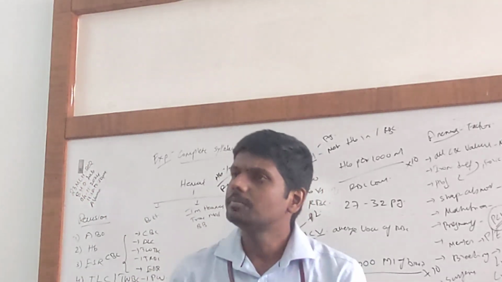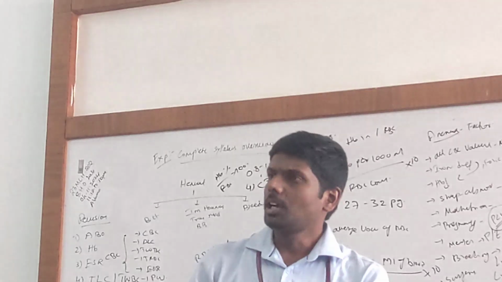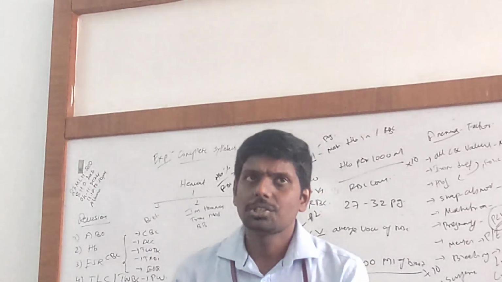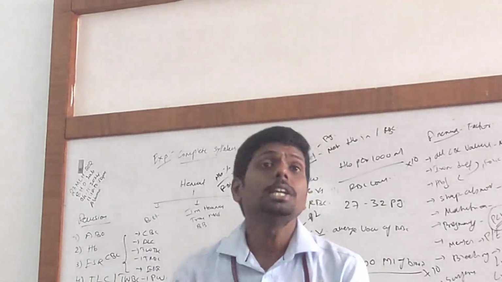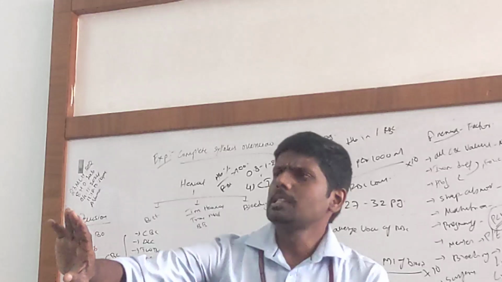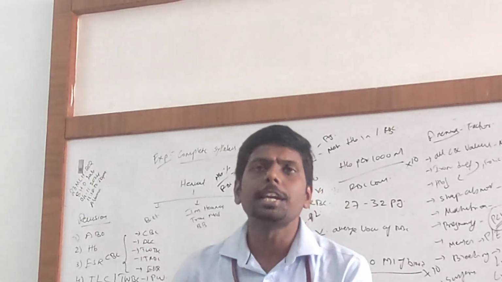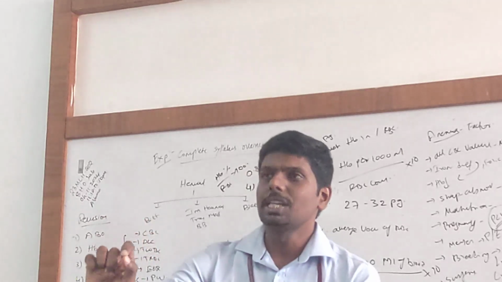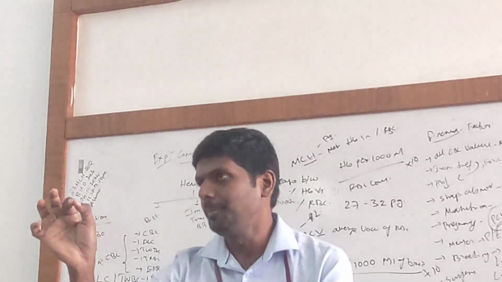Now, tell me, students, what is the normal count, by the way? MCH: 27 to 32 picograms. Very good. If it is greater than 32, what does it indicate? If MCH is greater than 32, what anemia is it?